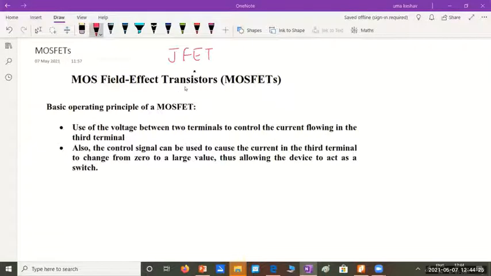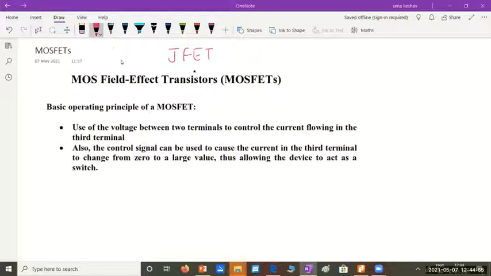So FET is voltage control device, whereas BJT is a current control device. Please remember that. We call BJT a current control device and FET a voltage control device because the input voltage will control the current flowing in the output side. So here voltage between two terminals is going to control the current flowing in the third terminal. That's why it's a voltage control device.